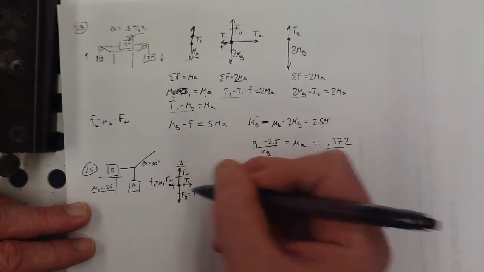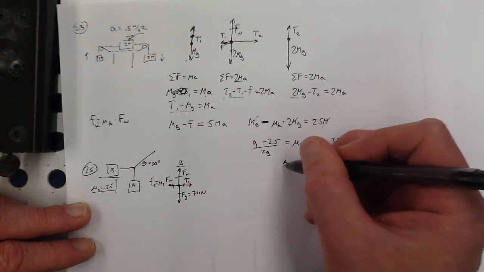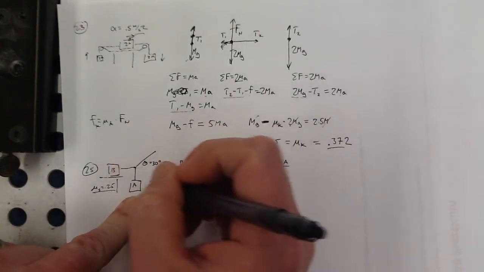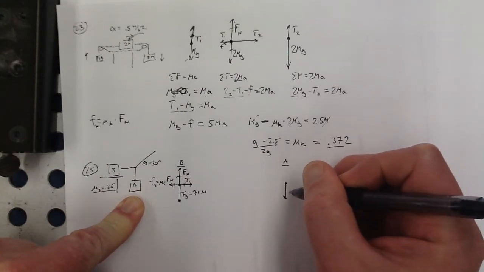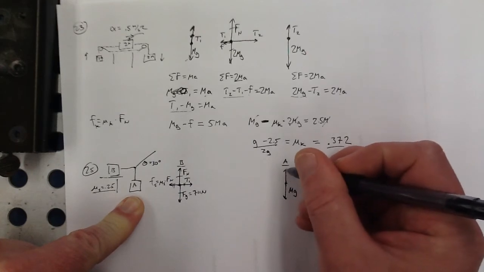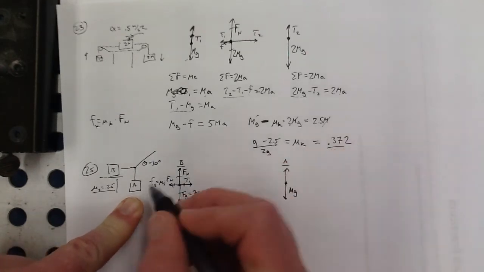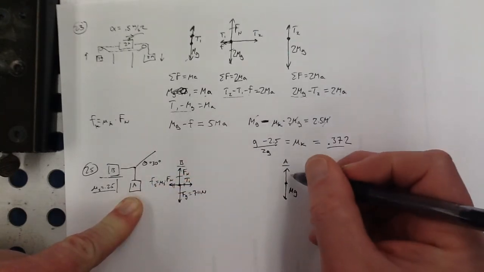Got to use a different number of slashes there. And then what about the forces acting on block A? So everything is stationary, which means block A with its unknown mass times g would be equal to, this is not a normal force supporting it, it's a tension. So I could call that T1, maybe this could be T2.